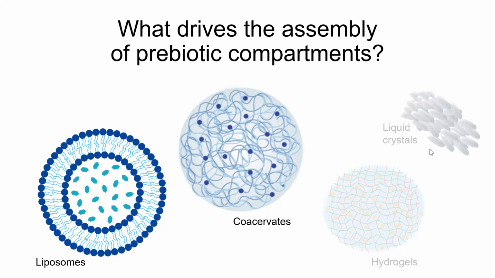As I mentioned, I'm going to focus on liposomes and coacervates, mostly because they are the most studied systems in origin of life research in the context of protocells. I will start with liposomes.